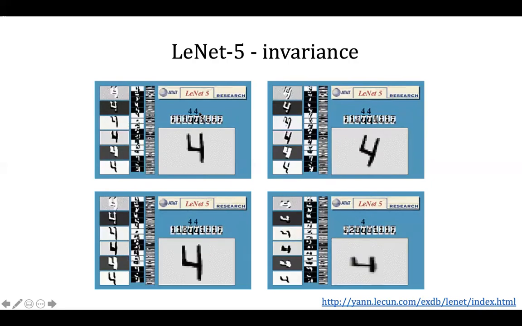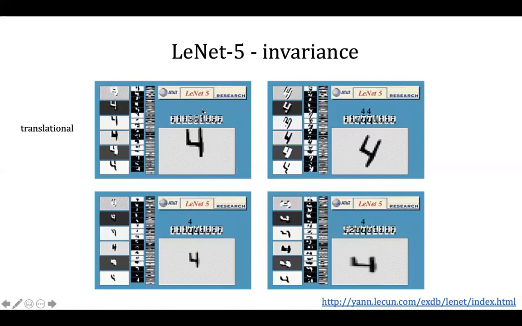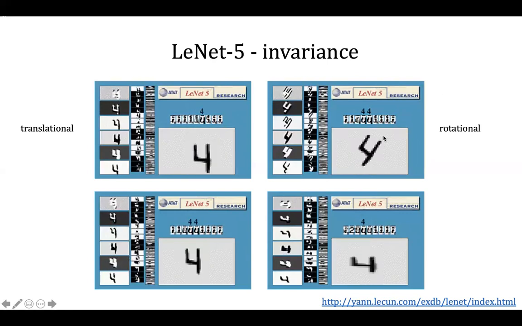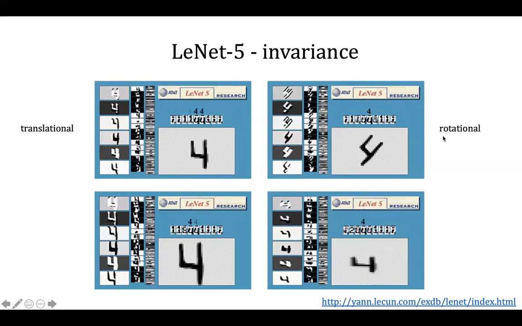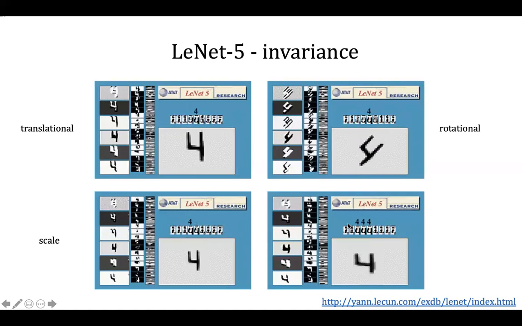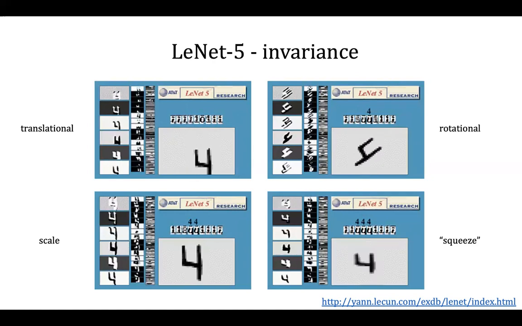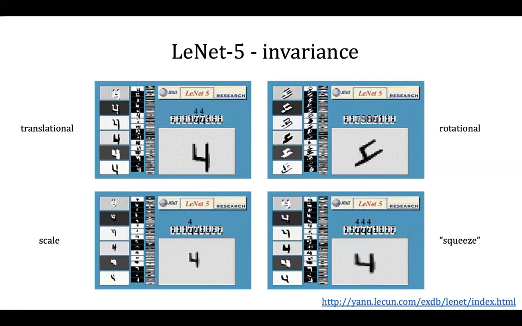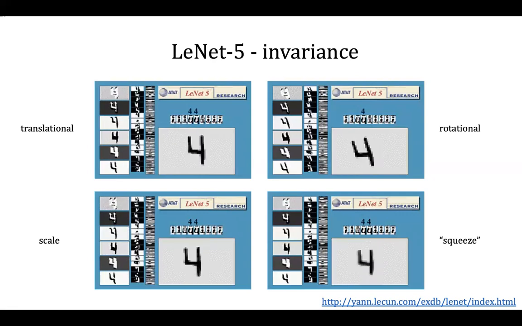This is the translation invariance. Then we have a rotation of the digit, and this is rotational invariance. And this is scale invariance, and I don't know, a squeeze invariance. So already this very simple CNN is able to handle these transformations of the input, which is quite impressive.